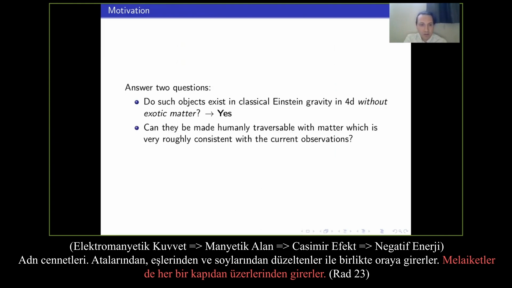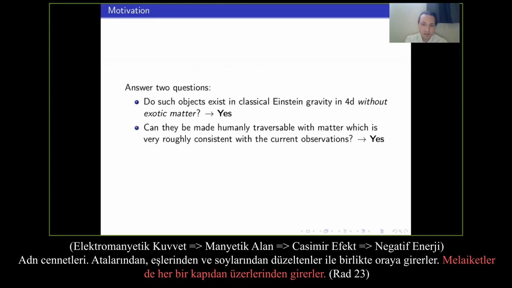And the second question is, can they be made humanly traversable with matter which is roughly consistent with the current observations? And the answer is yes. Although in my case, we did not include very stringent constraints, but at least the matter content we're going to talk about makes sense.